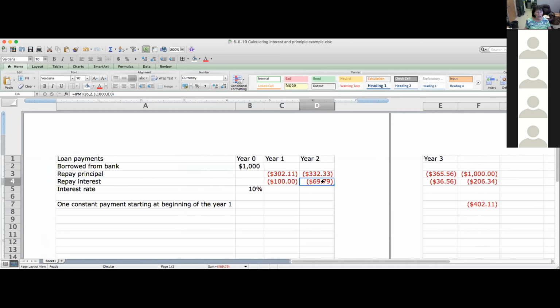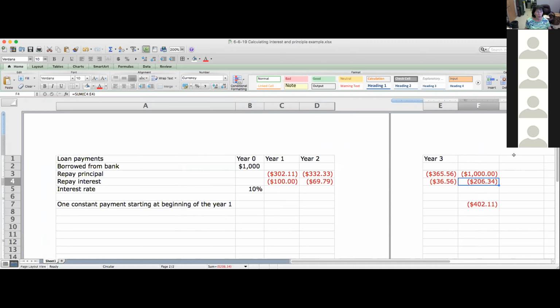But you notice the next year you owe less in interest. That's because you've paid off $302.11 on the principal. So then it comes down. And by the end, if we sum up all the principal payments, it totals to $1,000. So we paid everything back and we paid $206.34 in interest.